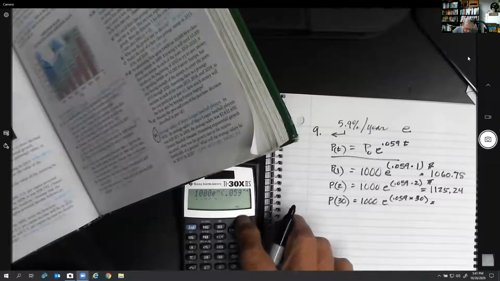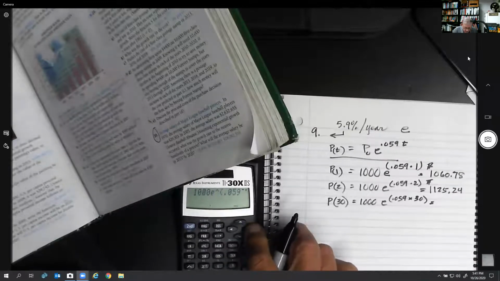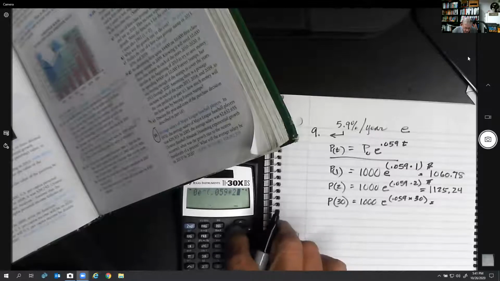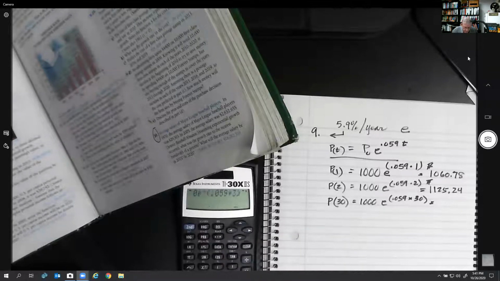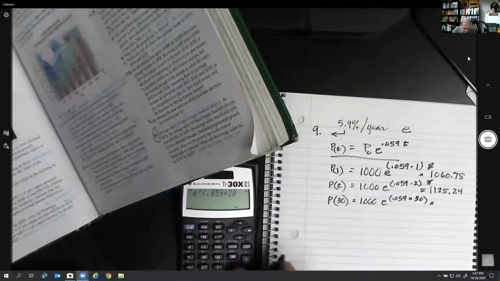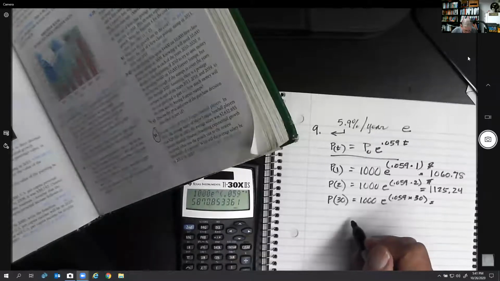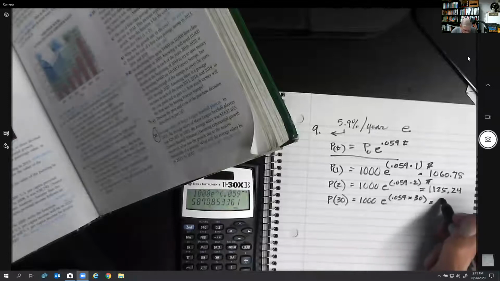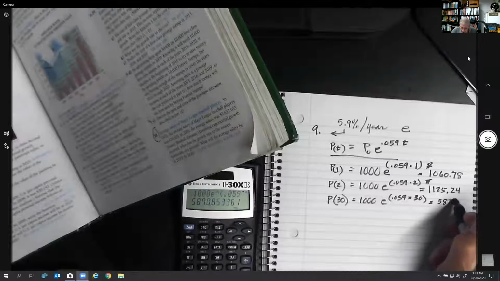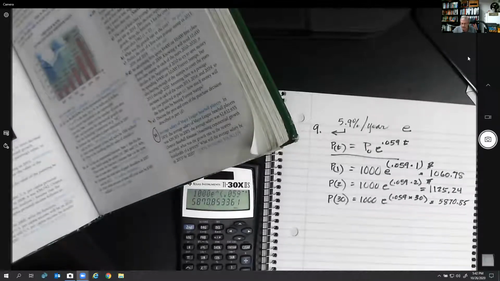Okay, so again, we'll go up here, slide over, and we can just change this 2 to a 30. And let's put a parentheses to end it. So you would have, I thought it would be more than this, $5,870.85 coming back to you after 30 years.